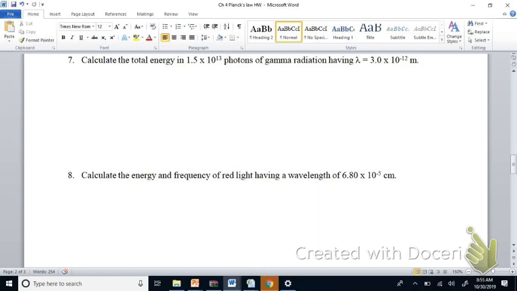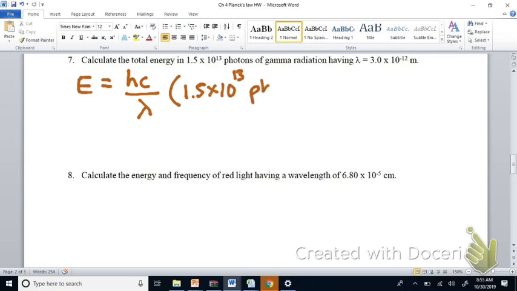So we are given the wavelength. So for the energy per photon, we'll just use hc over lambda. And then we're going to multiply that by the number of photons, which is 1.5 times 10 to the 13 photons.